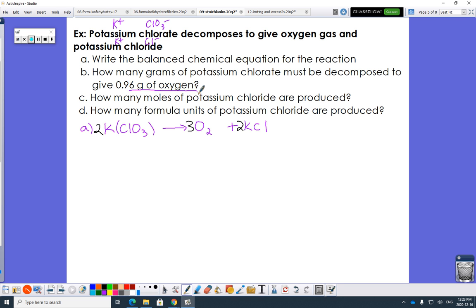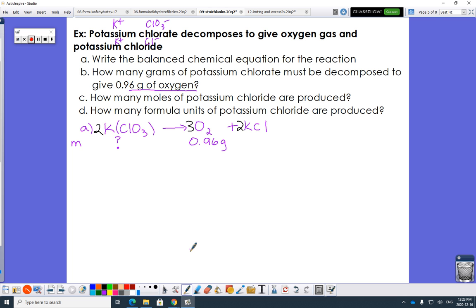Grams is mass. And then the question says how many grams of potassium chlorate. That's this substance here. So are oxygen and potassium chlorate, are they the same thing? No, so you have to do Stoic.